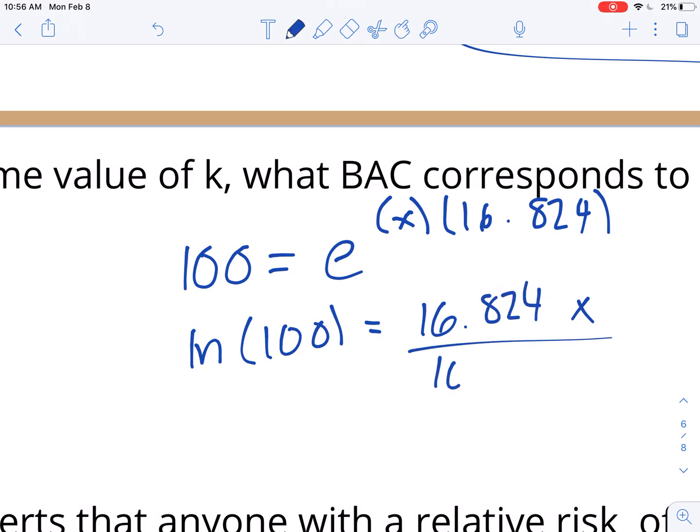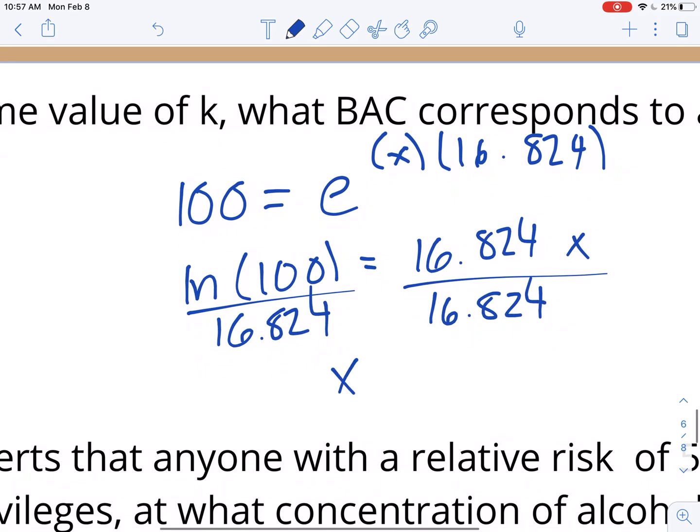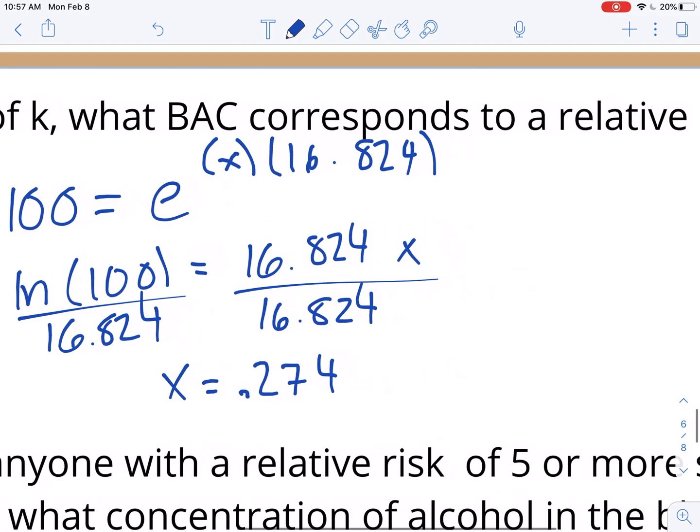I divide by 16.824. And I get that x is equal to 0.274. So this is a 0.274% BAC, or blood alcohol concentration.